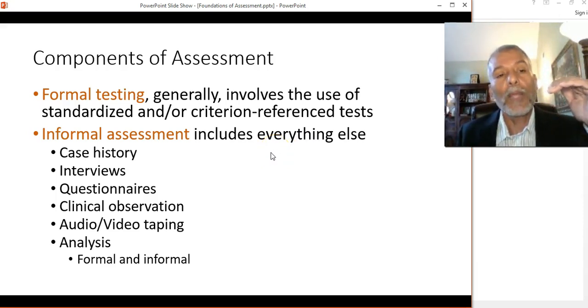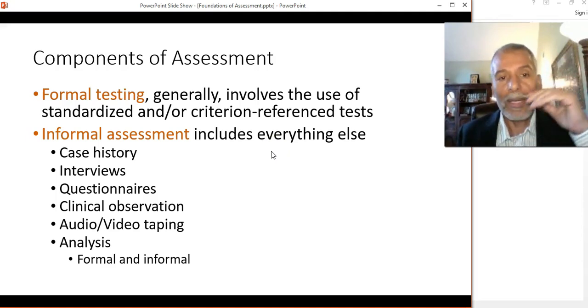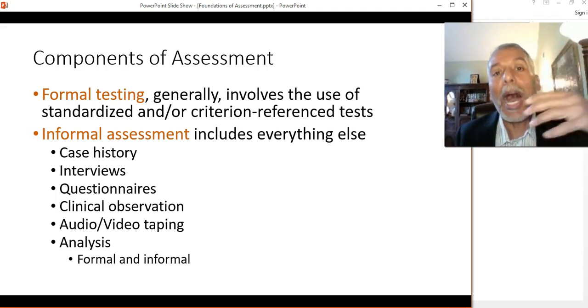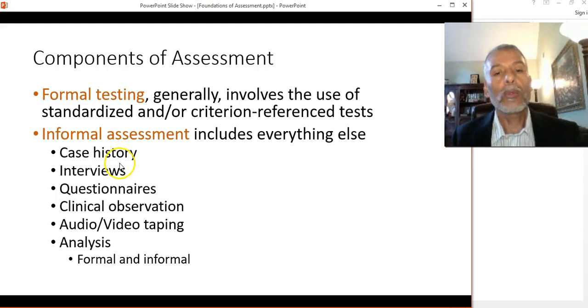Informal assessment, again, is qualitative. It doesn't look for numbers. It looks at how. So it includes information that, for example, you get from case history, from the interviews, questionnaires, clinical observations, the audio and video taping, and an analysis of language samples, if you do the analysis by yourself, based on your own judgment, okay?